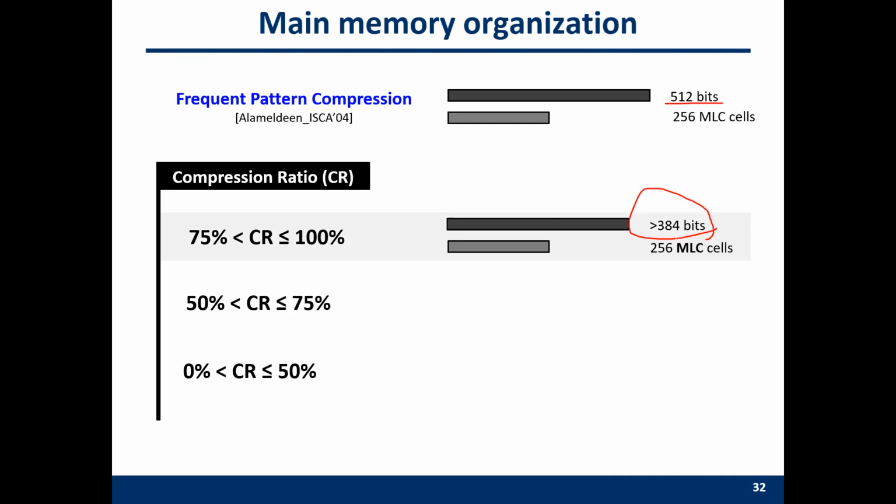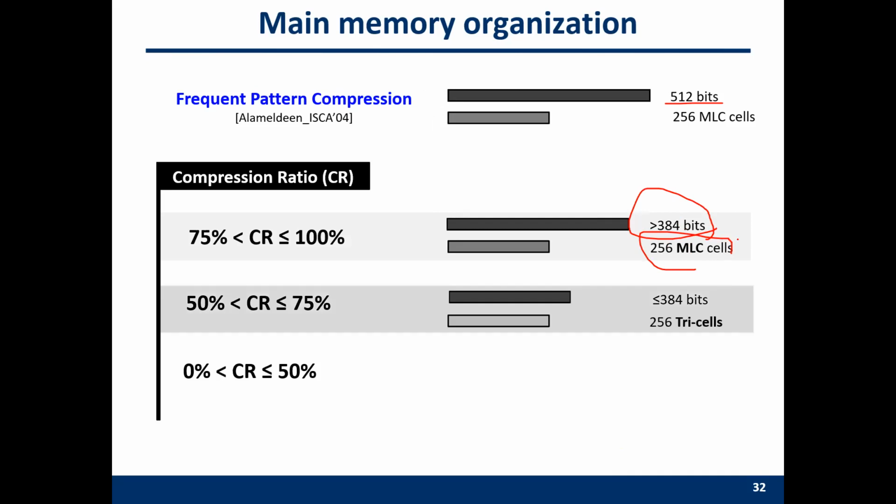This range indicates my data is not highly compressible, because you only reduce, let's say, maybe less than 30% of the size. For this not highly compressible data, we can use multiple level cell, because multiple level cell has a larger capacity and can record more data.